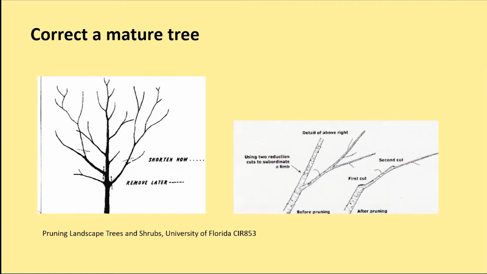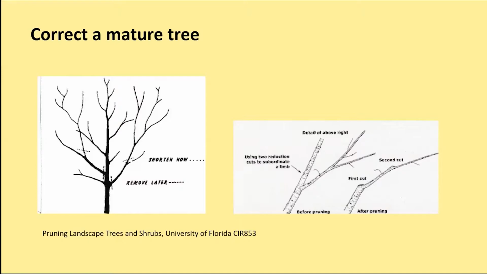So here we can practice something called a reduction cut. The reduction cut would be removing the upper roughly two-thirds of those side branches in the illustration here, following the dotted line that says shorten now.